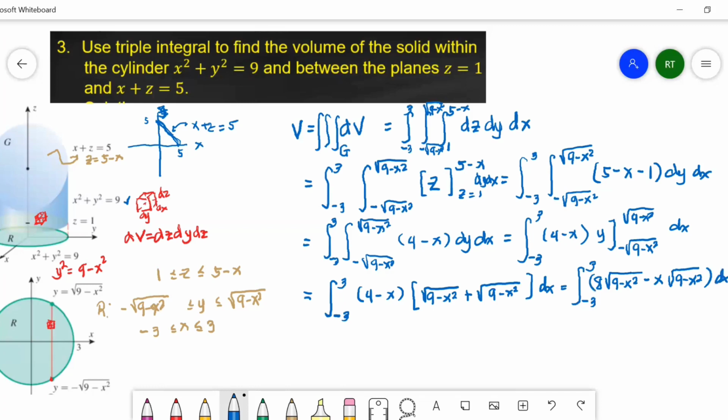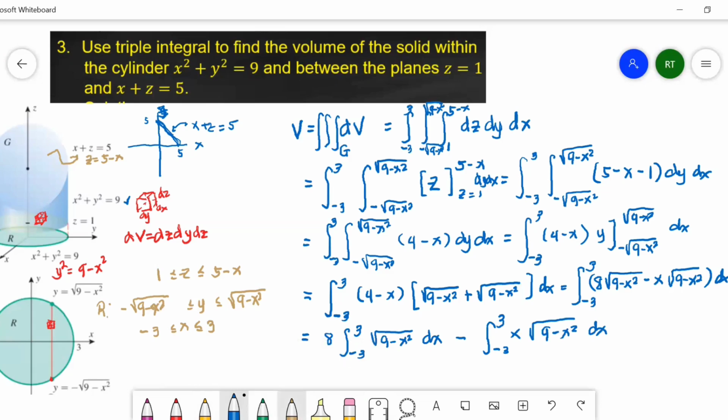We can express this as a sum of two integrals: 8 times the integral from negative 3 to 3 of the square root of 9 minus x squared dx, then minus the integral from negative 3 to 3 of x times the square root of 9 minus x squared dx.